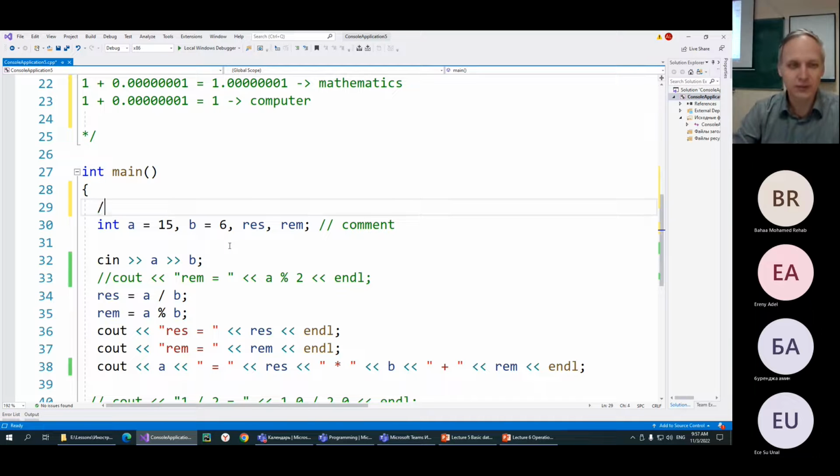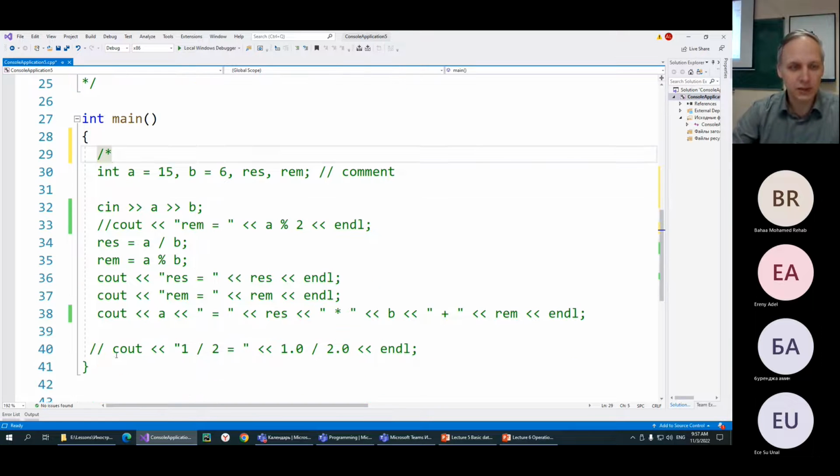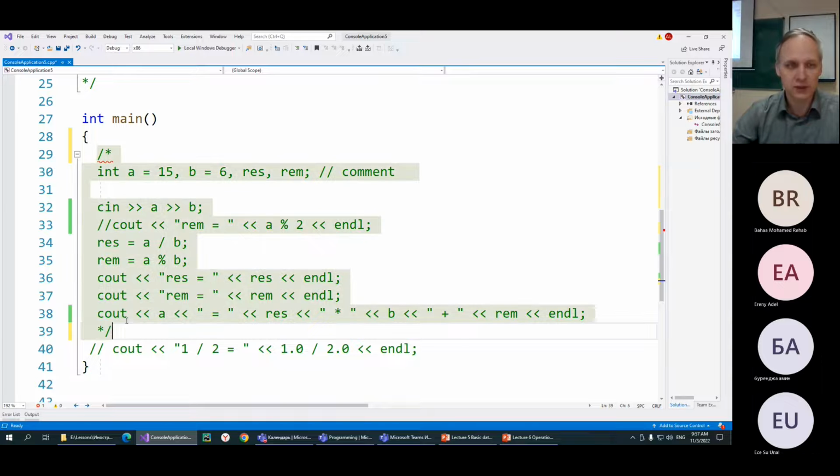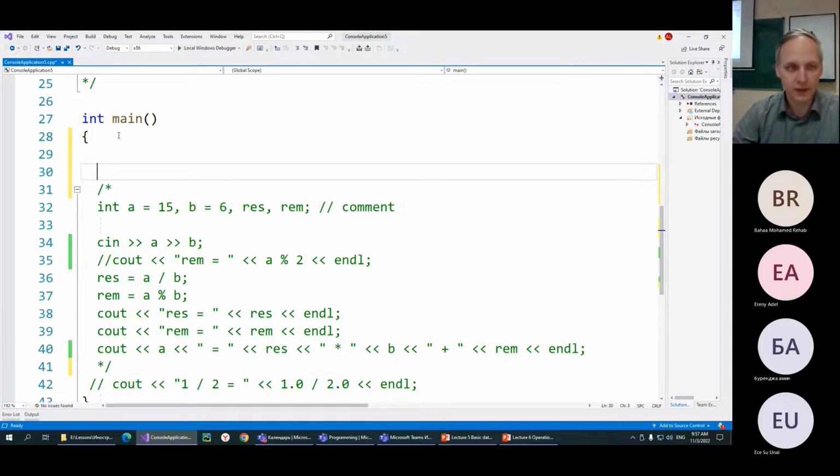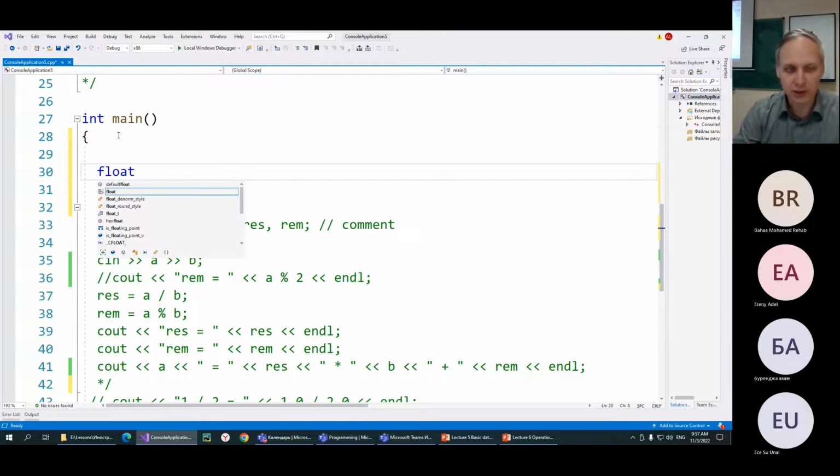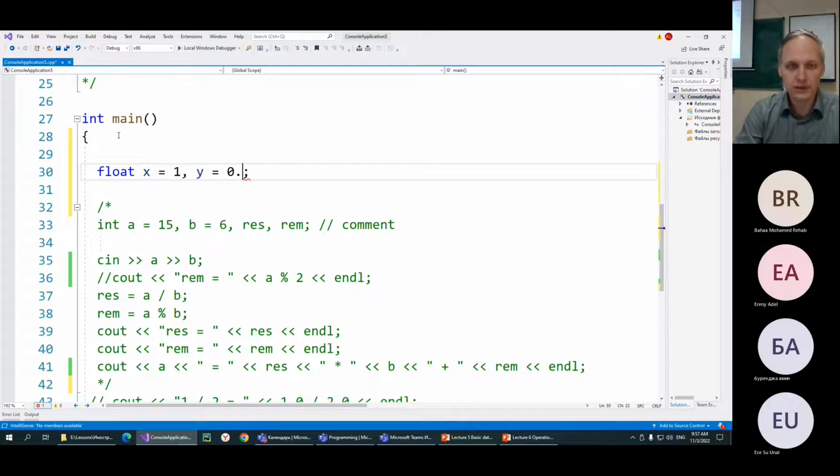In this program, I comment out this part. Let me declare two float numbers, x and y. Let's start from a simple example: x will be 1 and y will be 0.000 with a lot of zeros and 1.